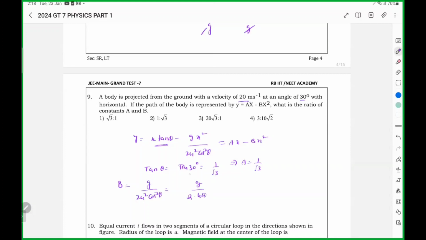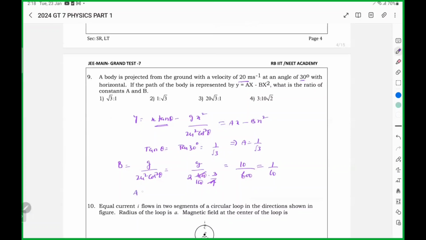So tan theta is 30, cos square 30 is 3/4. g by 10 by 600, 1 by 60.